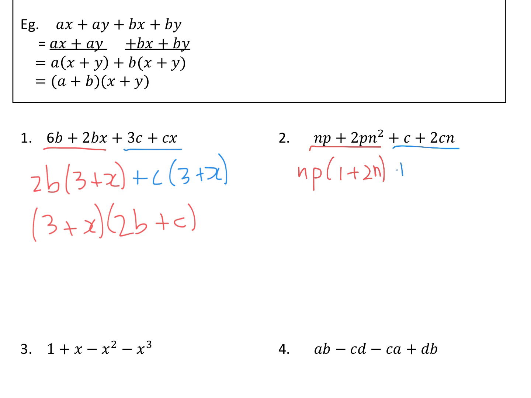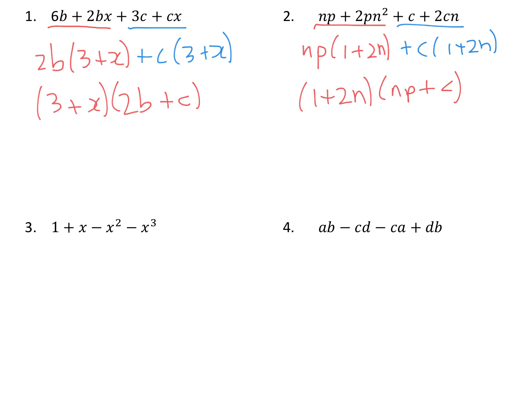If we factorize the last two terms, c is common, and then you'd get c times (1 plus 2n). You'll notice that there is the 1 plus 2n bracket that appears twice. It's a common factor. So if you factorize out 1 plus 2n, you'd have (1 plus 2n) multiplied by (np plus c). If you aren't sure, remember you can always expand these brackets to see if you get this answer at the end.